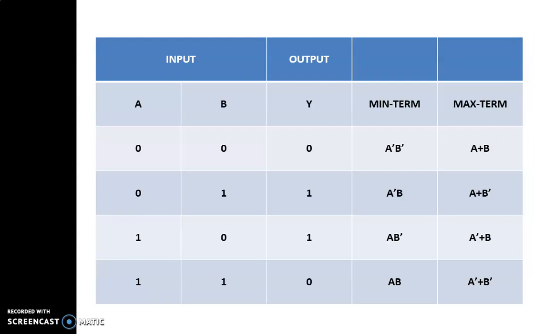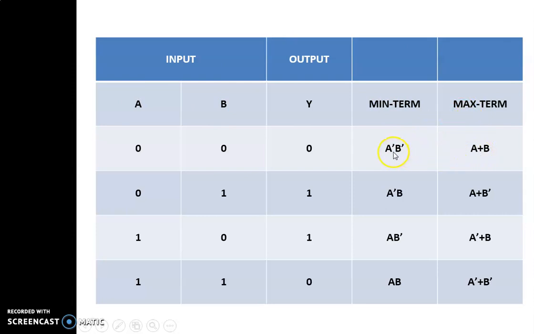Here the two input variables are A and B, and the output is Y. Here we can consider the truth table of an XOR gate. We can consider the truth table of any gate. How to represent this truth table in terms of min term and max term? To represent the min term and max term, we always consider the input variables A and B. As per the definition of min term, we take the product of input variables, and as per the definition of max term, we take the sum of input variables.